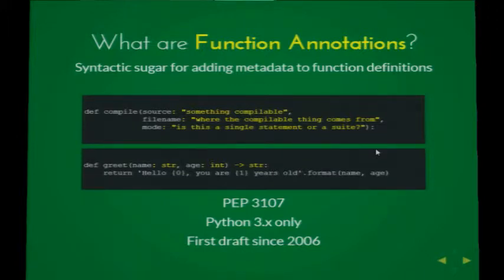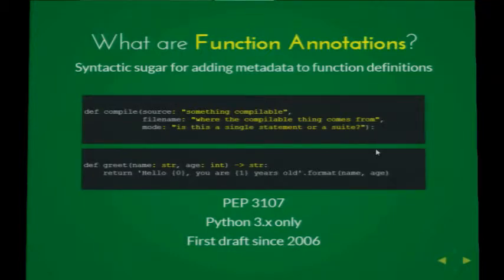So they can be strings, or just an object, or any kind of thing that you can imagine, any Python expression. The second example, just a simple greet function, is annotated in a different way. Instead of adding documentation to the arguments of the function, we have types, saying what kind of types we expect for those arguments. For arguments, we use just a colon and the annotation. And for return values, we use this right arrow symbol. These are just two examples of what annotations are.